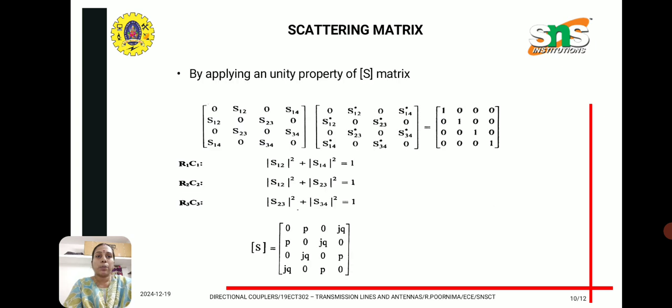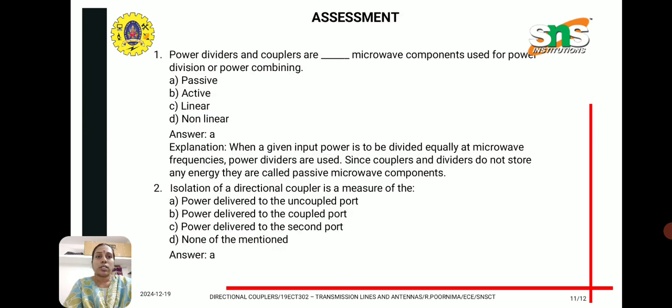By applying the unitary property of the S matrix, we multiply the S matrix by its complex conjugate, which equals the unity matrix, and we solve the three sets of equations R1C1, R2C2 and R3C3. So we get the S matrix as 0, P, 0, jQ and similarly for the others. Here P is the transmission factor and Q is the reflection factor.